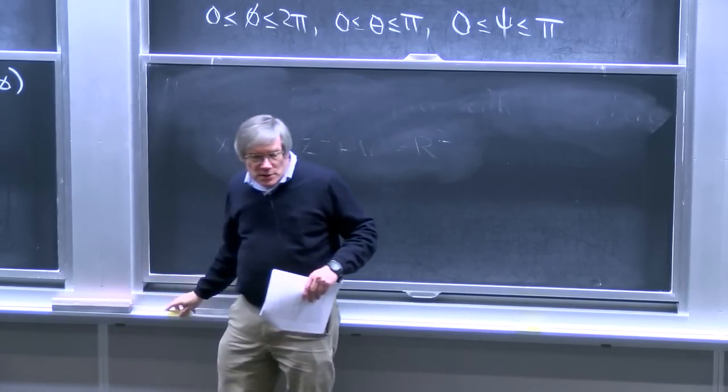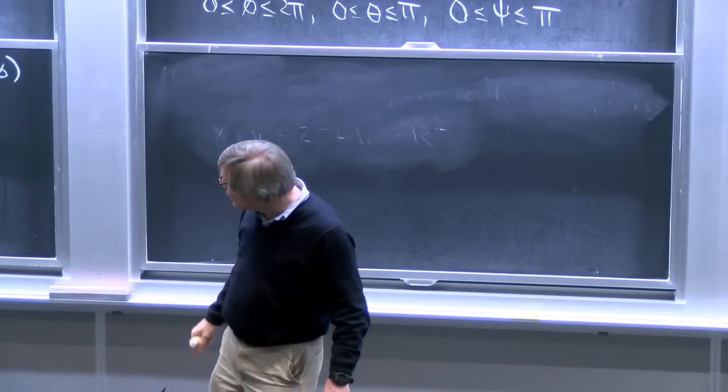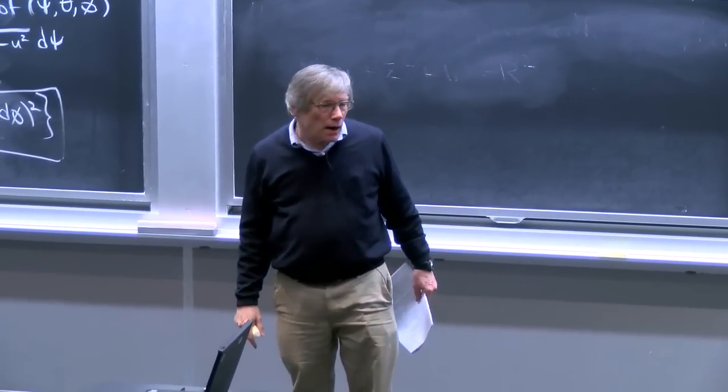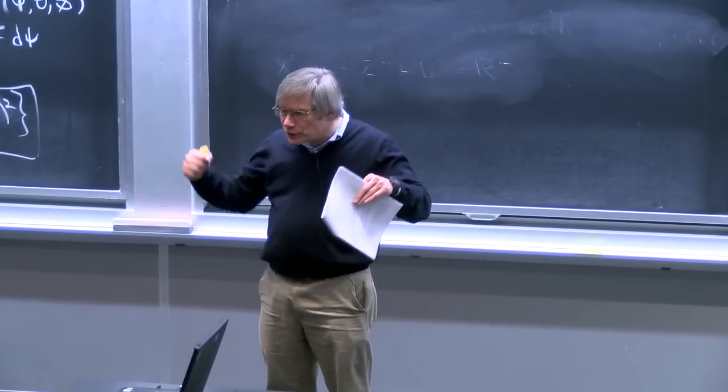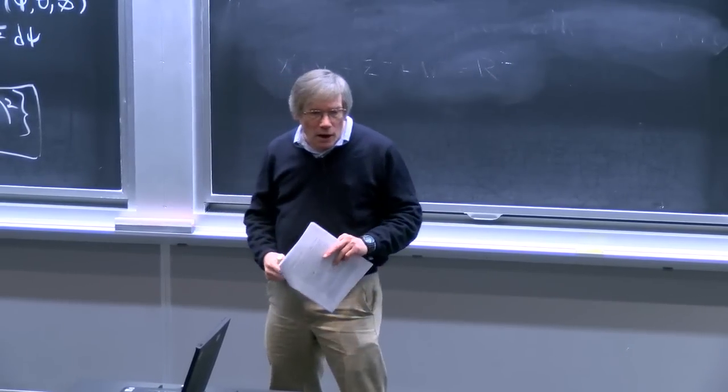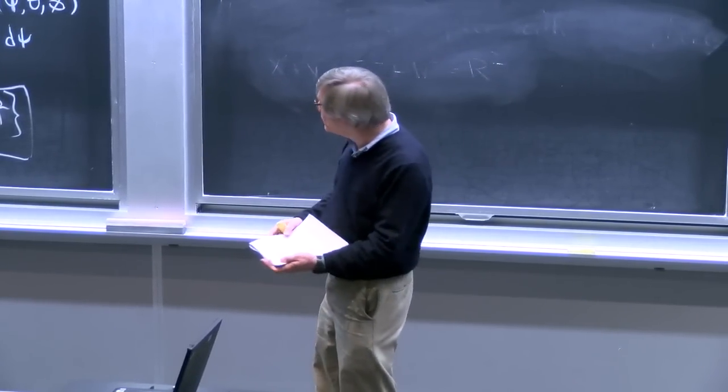So what I want to do now is to make a connection between this formalism and the model that we already discussed of an expanding universe whose dynamics we derived using Newtonian mechanics.